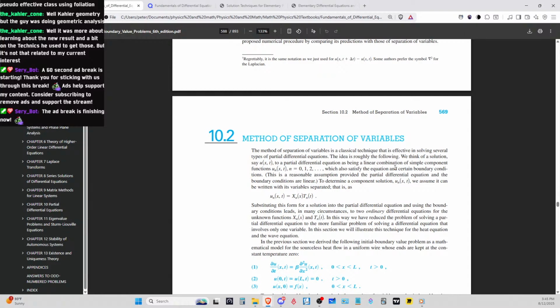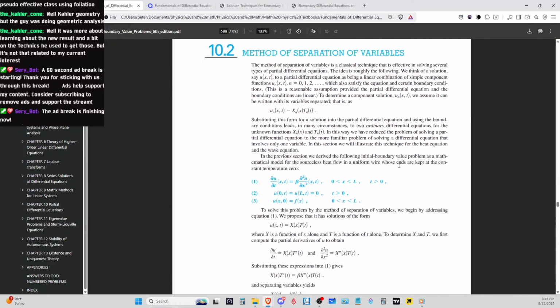So I just wanted to read over a little bit of the heat equation so I can understand a little bit of the thought process of how it works. So now I wanted to read this part, the separation of variables.